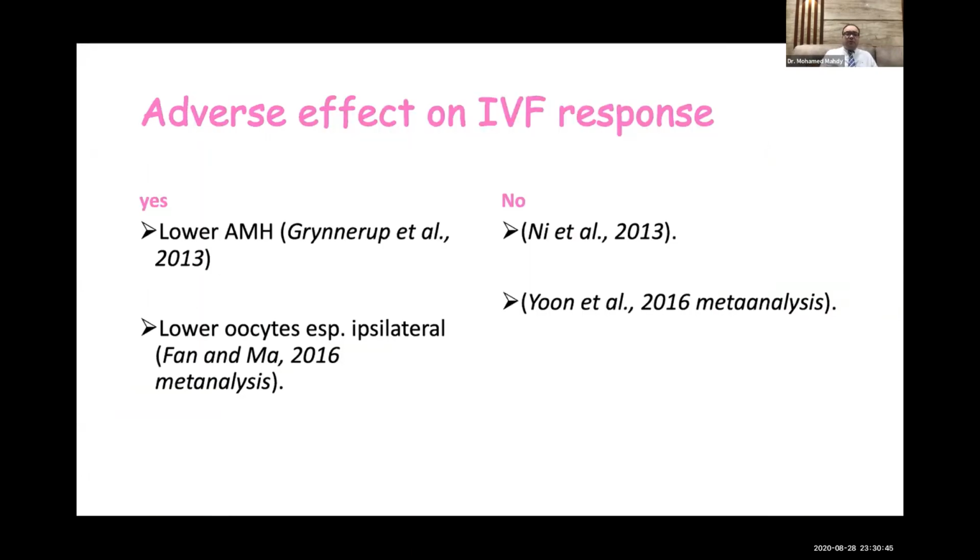A lot of studies have been done to show the effect of salpingectomy on the IVF response. Some studies said yes, it decreased AMH and the number of oocytes. On the other hand, two studies said no, there is no adverse effect on IVF response, and one of these was a meta-analysis in 2016.